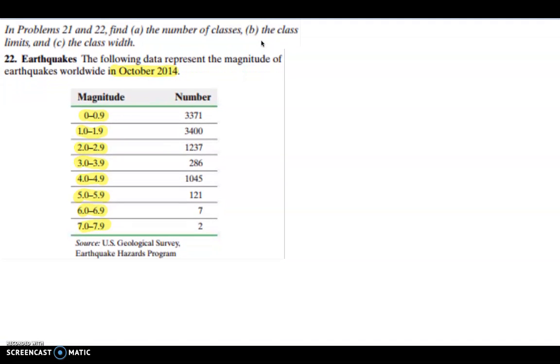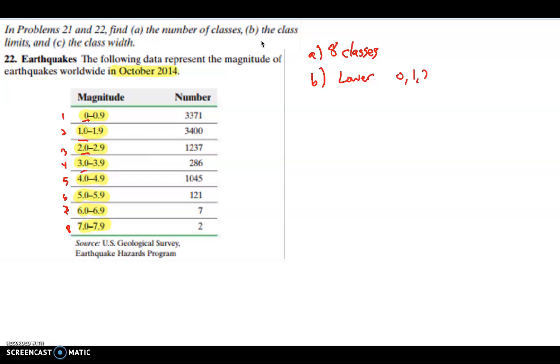In this one, part A says find the number of classes. You just count them up: 1, 2, 3, 4, 5, 6, 7, 8 classes. So there are 8 classes in this one. B, what are the class limits? The lower class limits would just be these numbers, 0, 1, 2, 3, and so on.